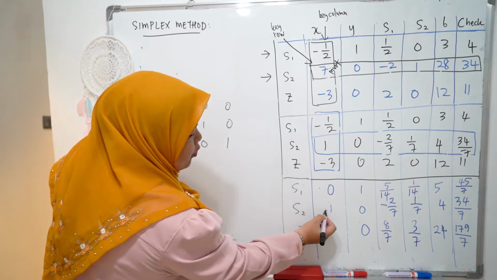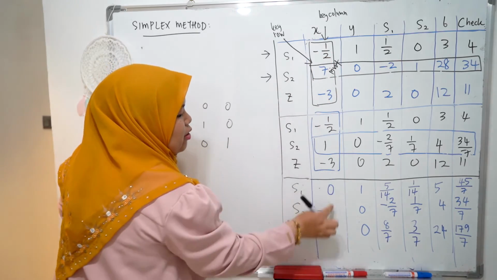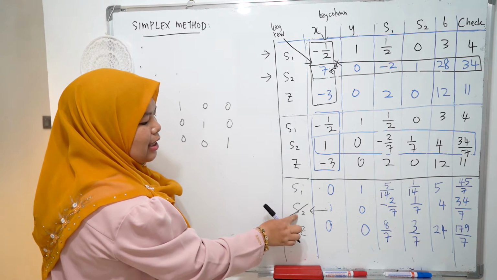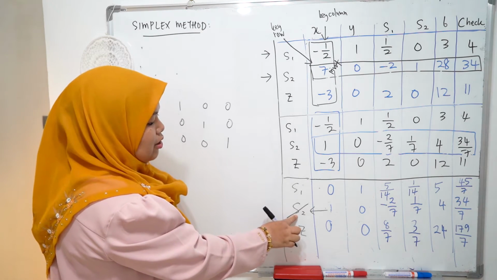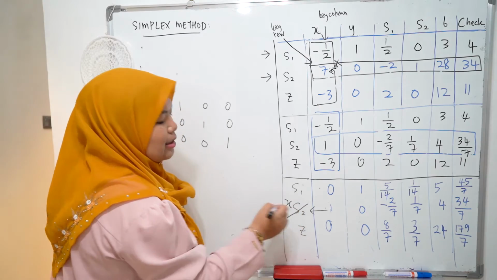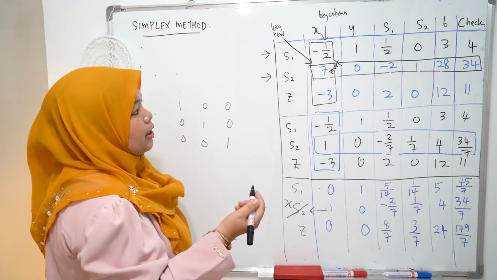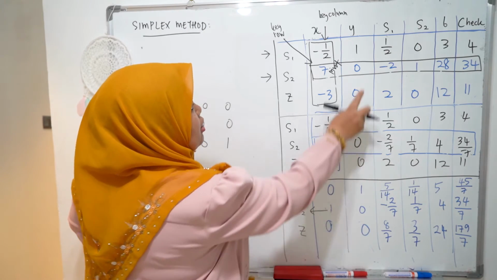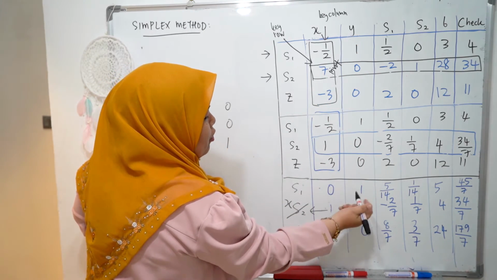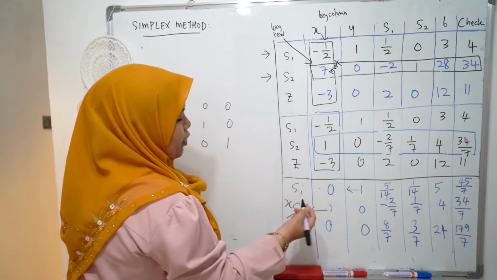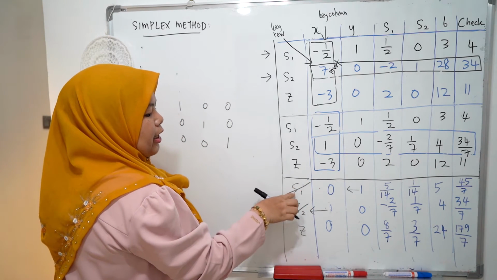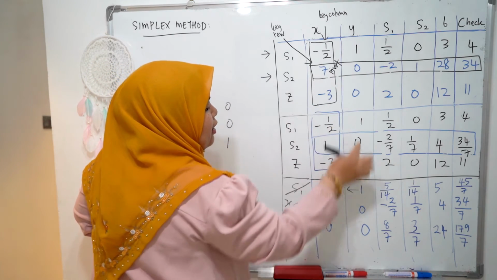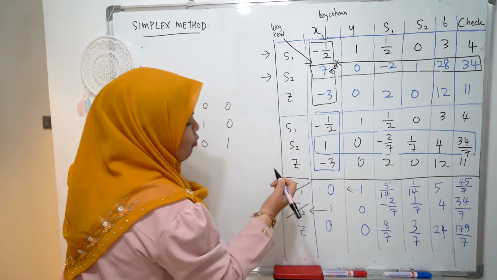This row, x times 1 will be x, so for s2, I will cancel s2 and substitute it with x. What else? Over here, 1 0 0. So y times 1. This row, I will replace s1 with y because y times 1 will be y.